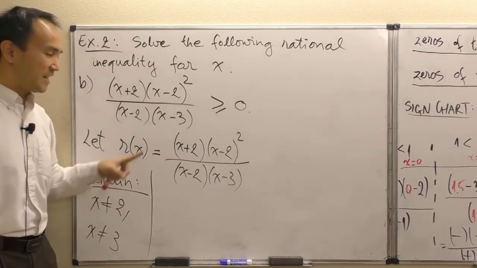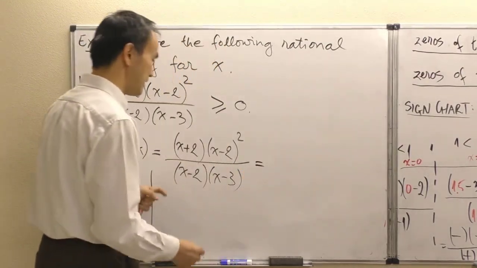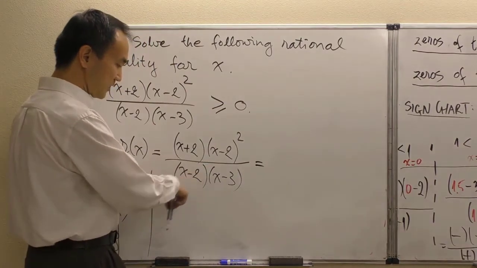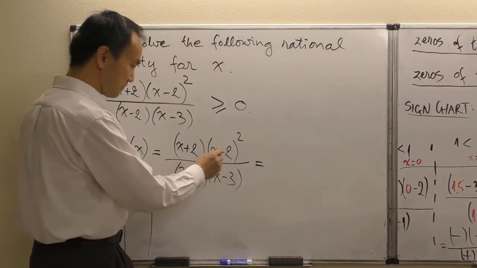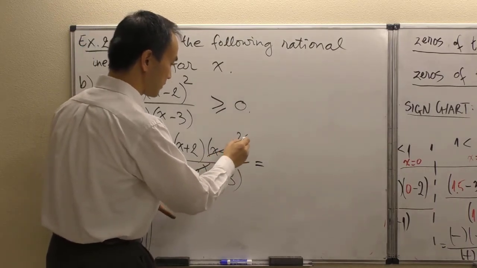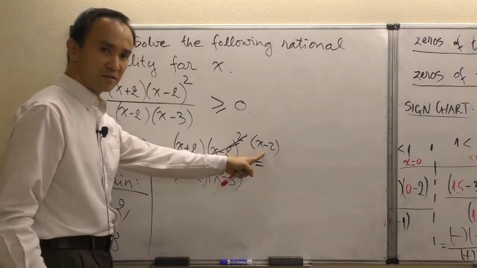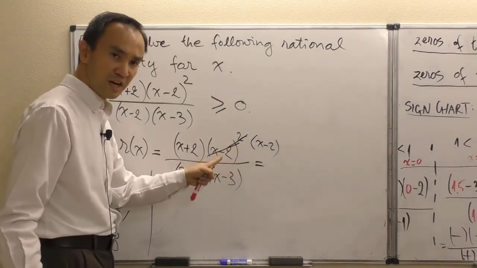That's how it is. And now we can start canceling common factors out. So I recognize there's this common factor, x minus 2. Okay, I cancel that, and then cancel this out. Here leaves behind one factor x minus 2 in the numerator.